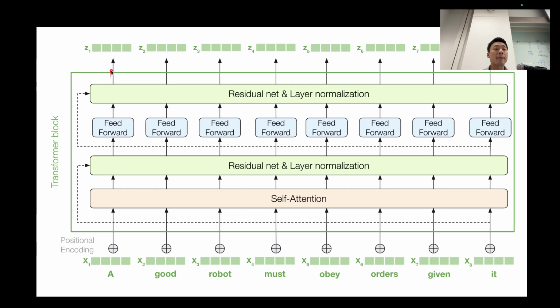Once you do all of these things, again you end up with 8 new embeddings, and you pass them on to the next block. The next block has the same structure, different parameters, and you do that many times. Okay, so that's the idea. But let's zoom in on self-attention and why it's key to a good language model.